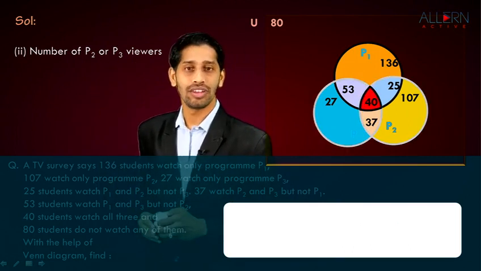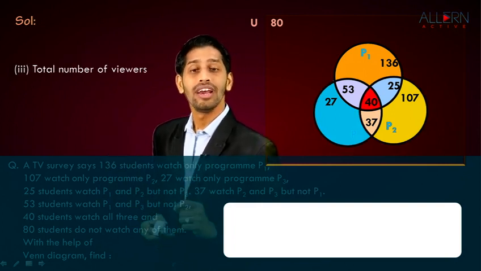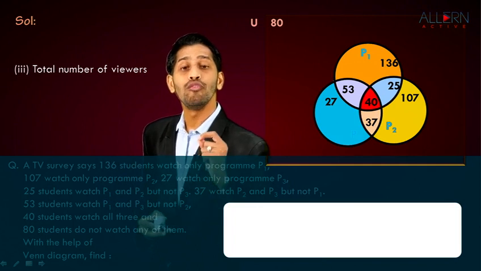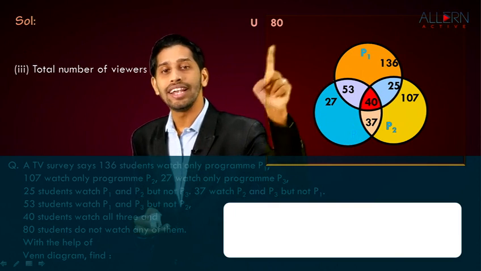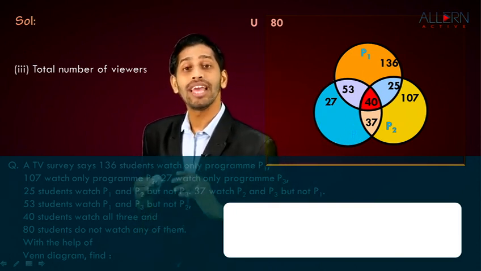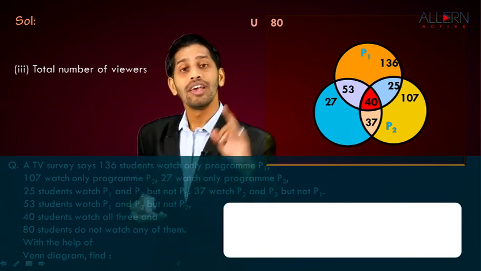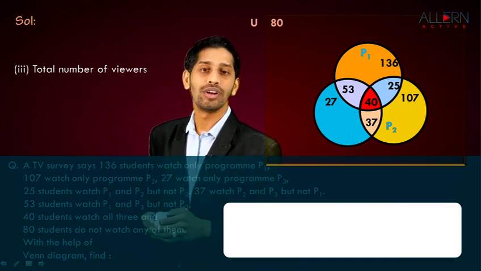Let's take the third question. It asks for the total number of viewers surveyed. That means we have to add all these numbers along with 80. These 80 are those who do not watch any of the programs, but they were surveyed. So we take this 80 when we find the total number of viewers surveyed.